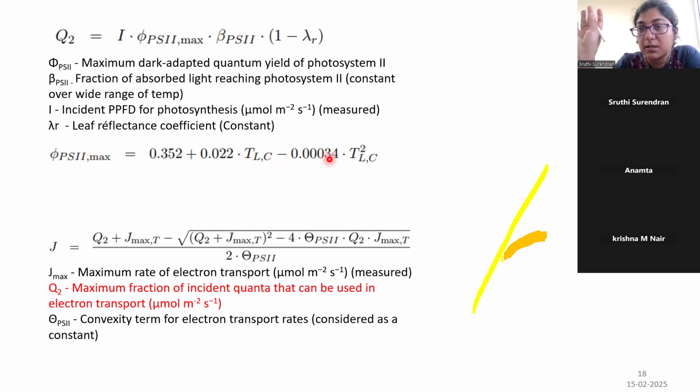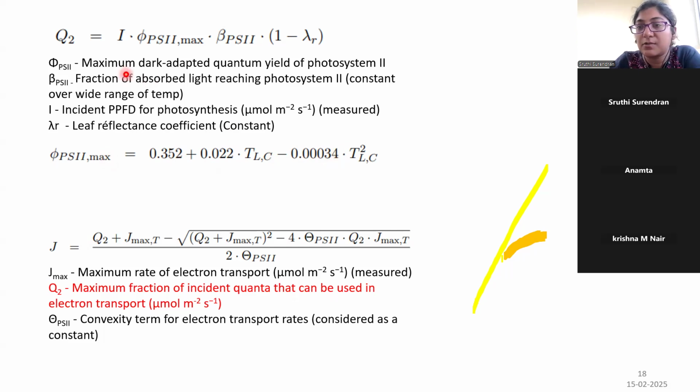We have already measured the leaf temperature. So if you input the leaf temperature, it can calculate phi PS2. Now beta PS2, according to the literature, we can estimate it also, but it is constant over a wide range of temperature. Now we see that all of this is temperature dependent.